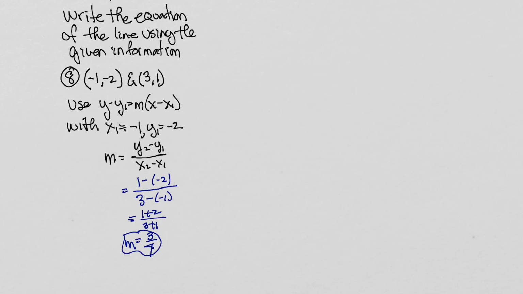So let's do that right here. Let's substitute these values, x1, y1, and m, into this template. We will get y minus y1, which is negative 2, equals m, 3/4, times x minus x1, which is negative 1.